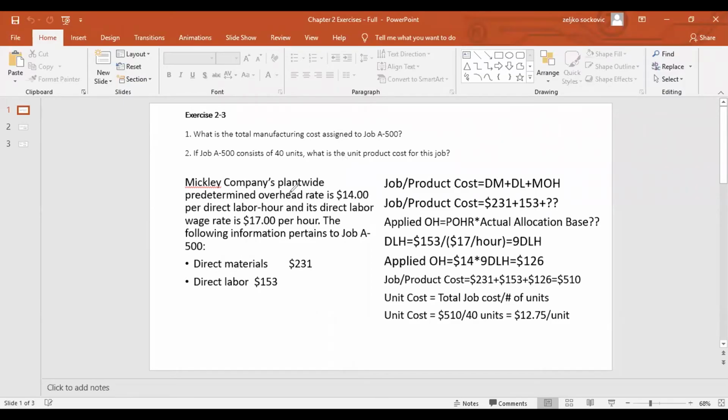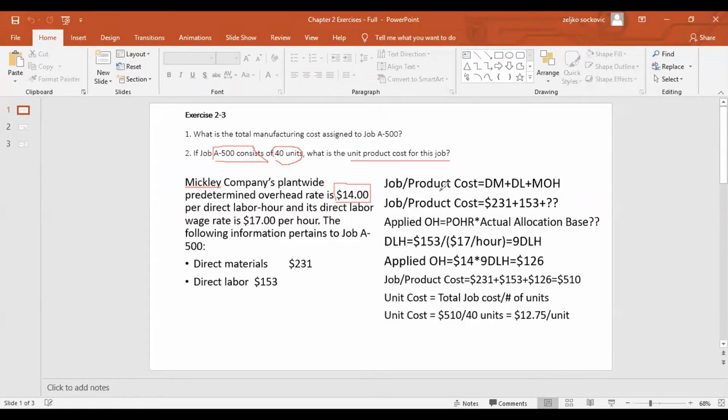this company has a POHR, plant-wide, $14. So we are given, you see here, straight POHR. So we don't need to worry about estimated allocation base, estimated overhead. We are given POHR already. Okay, and we're asked what the unit product cost for this job is. Well, before we get to the unit, we need to figure out how much this job cost, and then it will be easy once we figure out the total, just to divide into 40 units to get per unit, right?